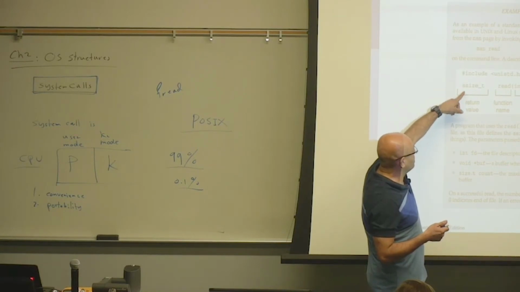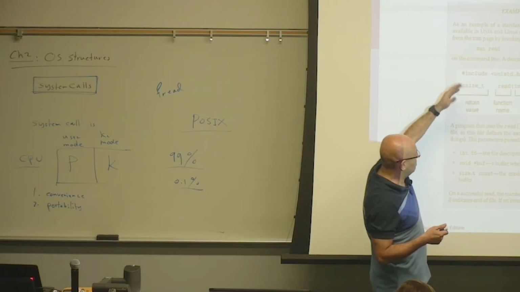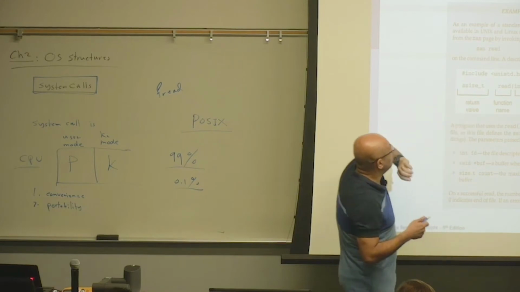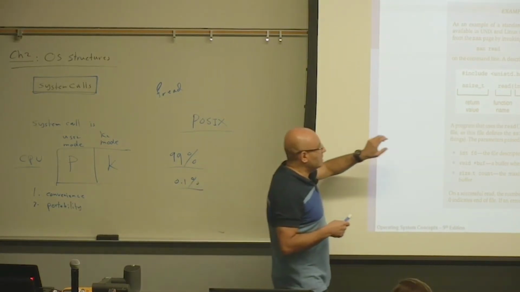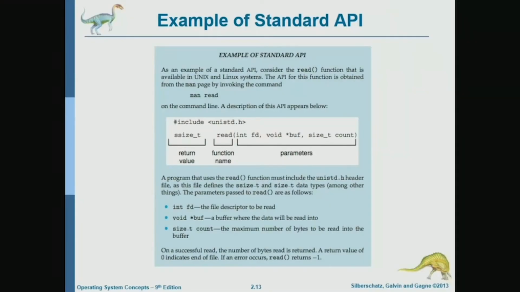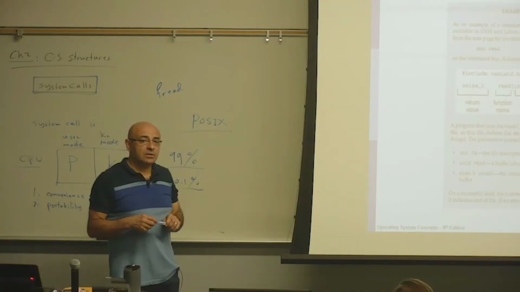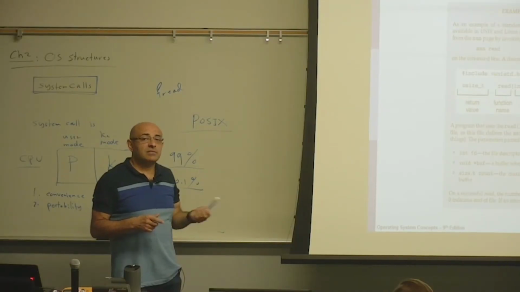And then this API returns the size of the data that has been read or that has been written to the buffer. So question: you pass a file descriptor. Where will this file descriptor come from? User. So you just give it a number.